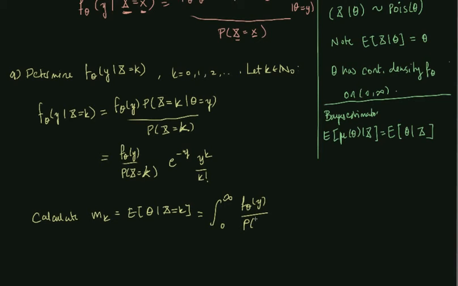Since we are calculating its mean value, we take the density function and multiply it by y, so we get y to the k plus 1 divided by k factorial dy. If we want to be a bit creative, we can take the probability that x is equal to k outside of the integral, but that's not that interesting. So let's just let this be for now.